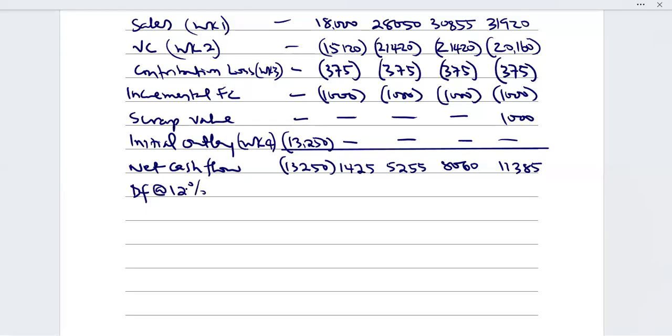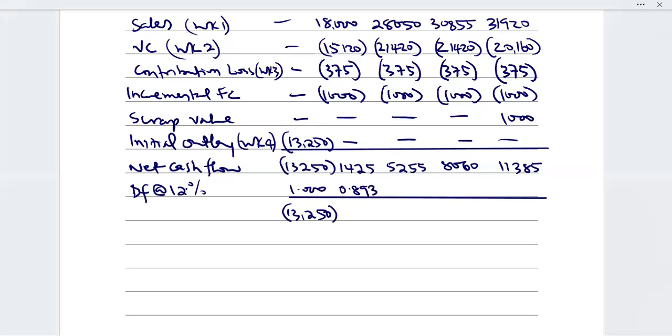So the discount factor for year one at 12% is 1 over 1.12 raised to power 1, that's 0.893.